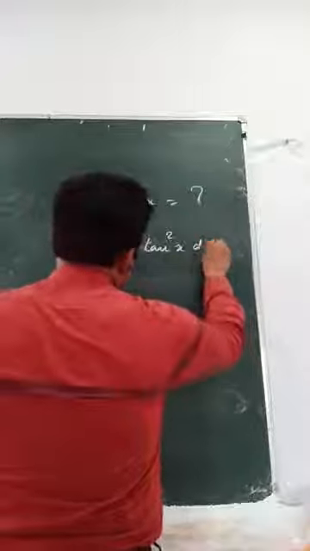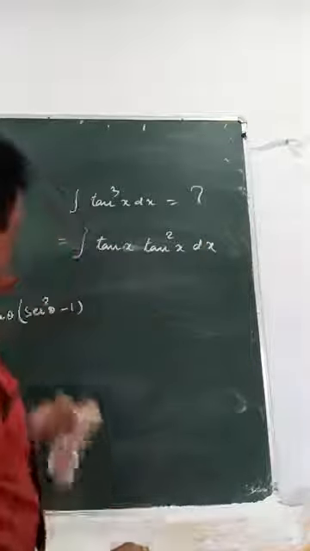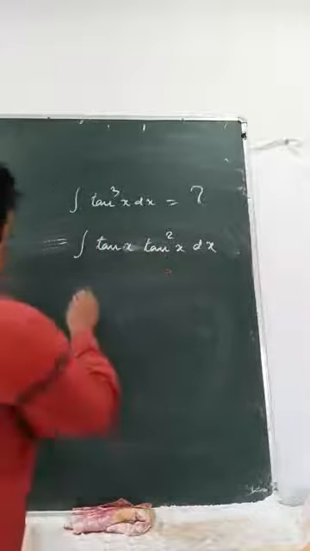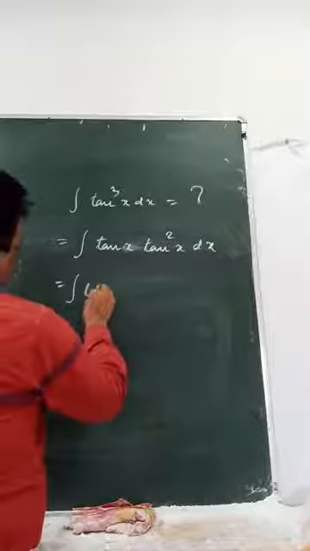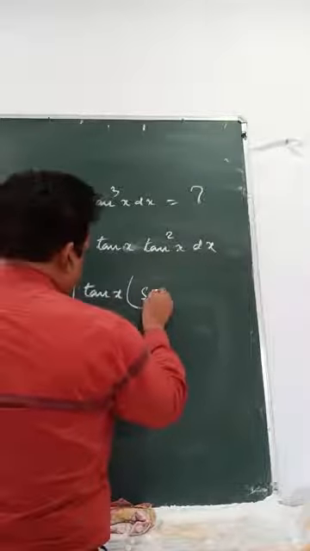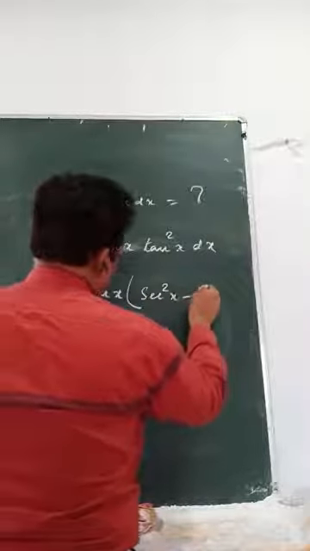Here also it is possible. Look here, the formula which I gave you, you can use here. Now tan square x, you write tan x, tan square is sec square x minus 1.